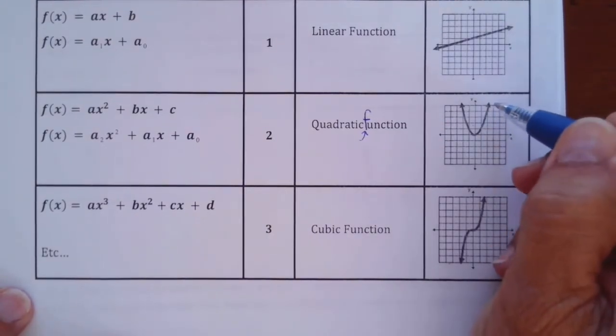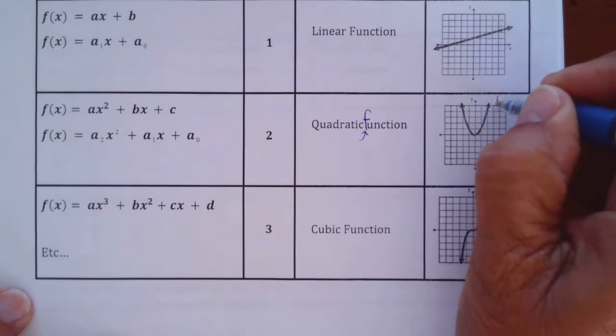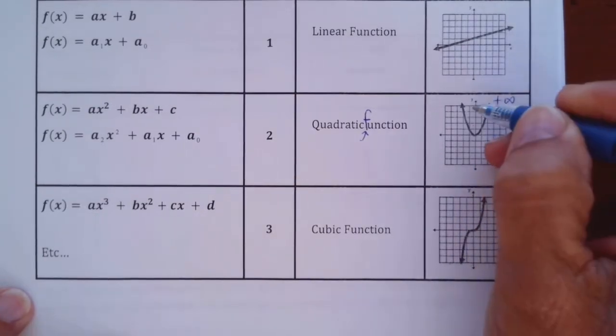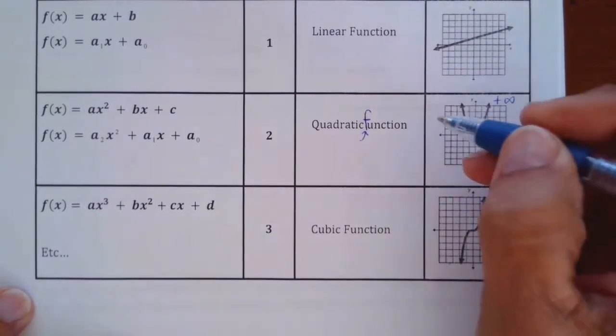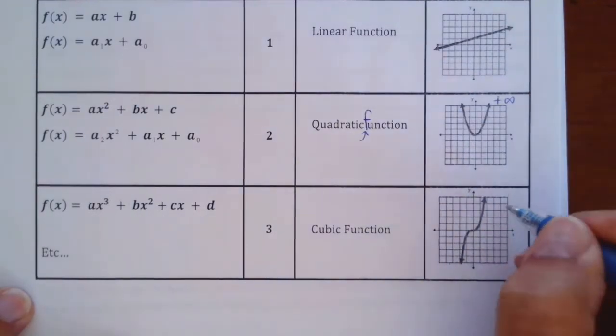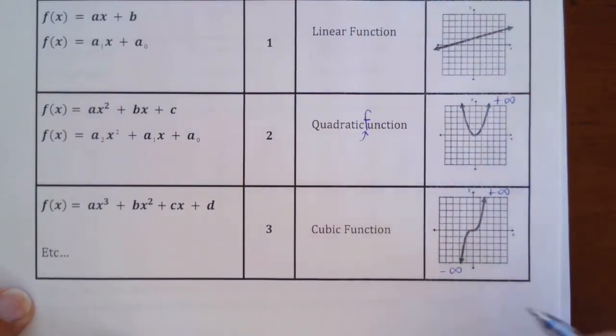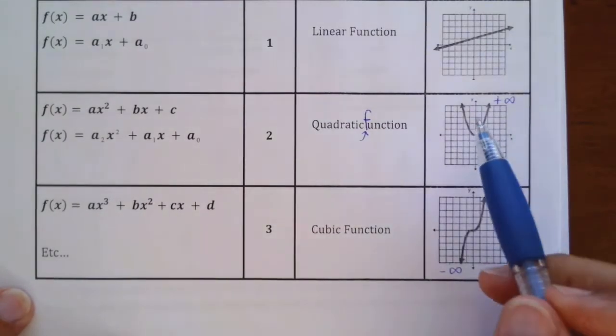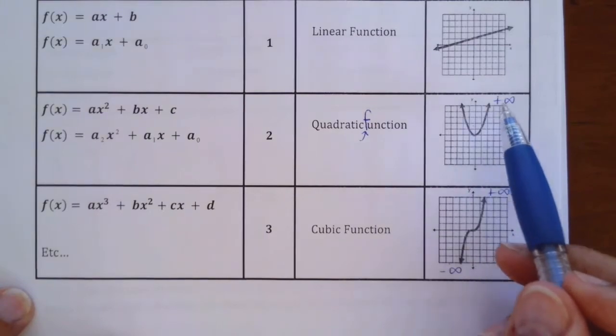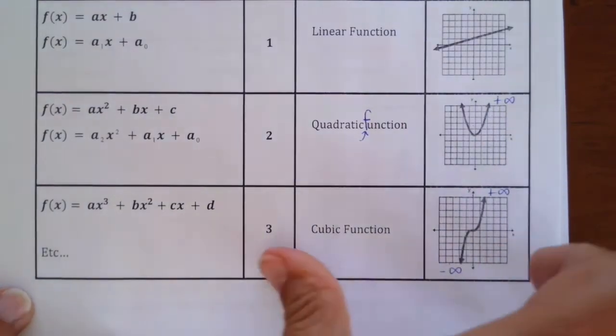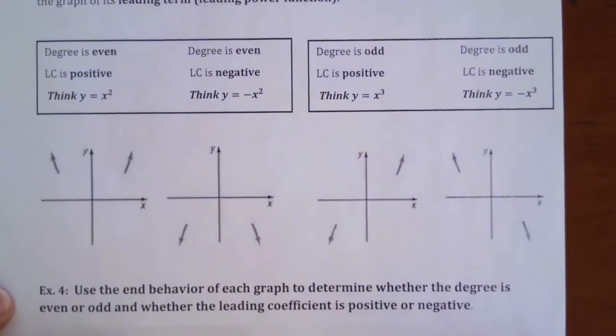So instead of saying up, that would be the same thing as positive infinity. And this side would also be going up, which is positive infinity. This one would be going up, positive infinity, and then this one, since it's going down, anything that goes down would be negative infinity. So when I say up or the right arrow, you know, it's going up, then that's a positive infinity, and going down, that would mean negative infinity, okay?